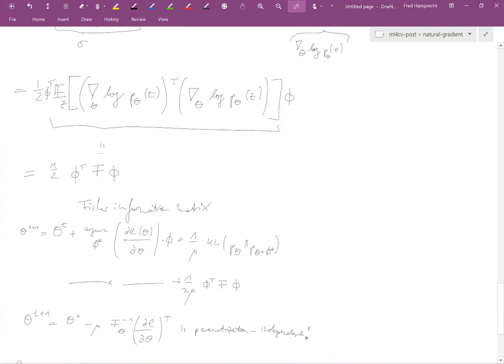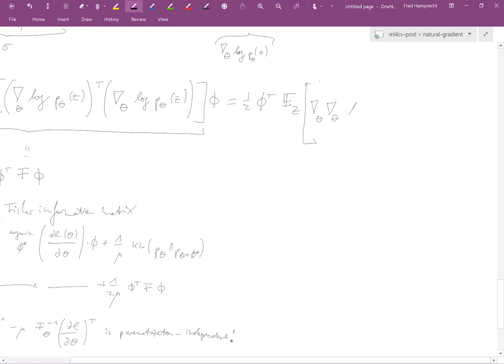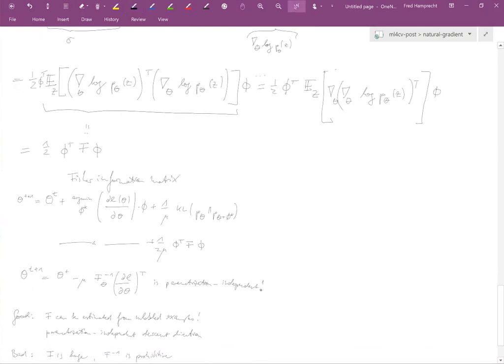So the second form is in terms of curvature of the log likelihood. Okay, this takes a longer while to show.